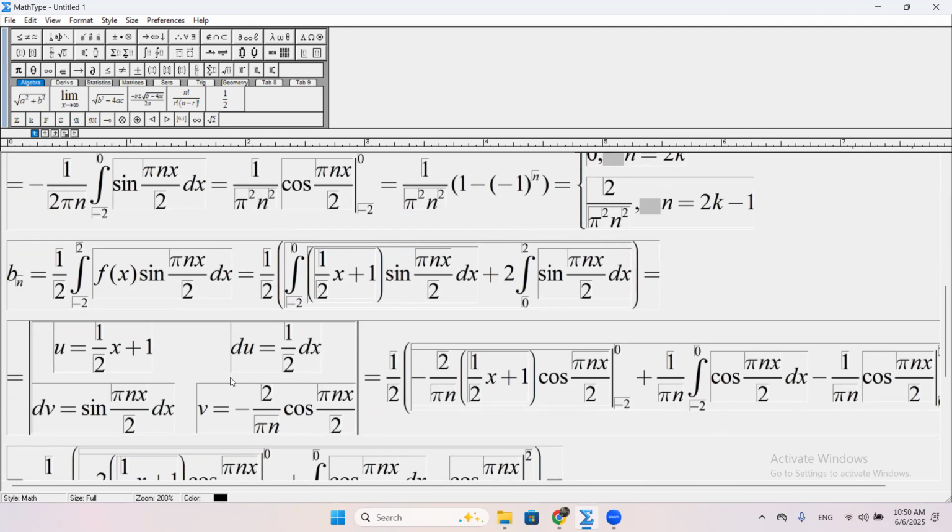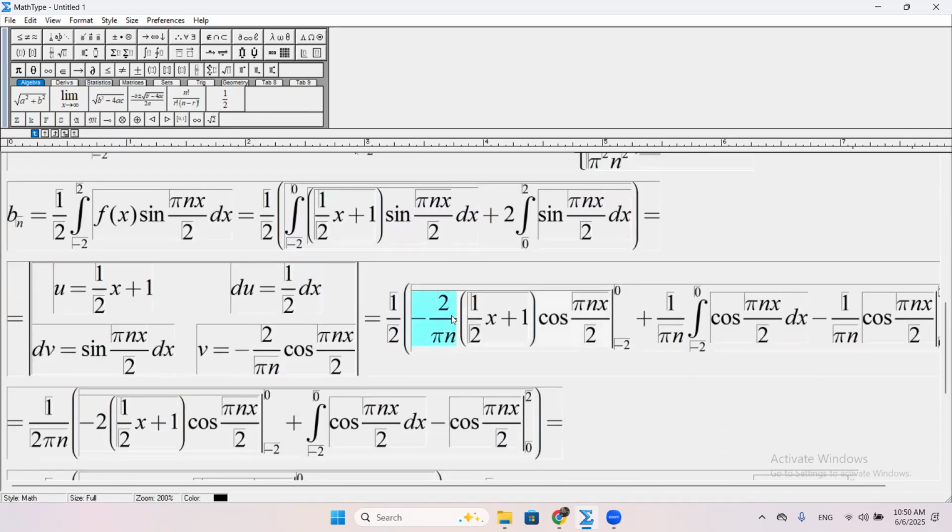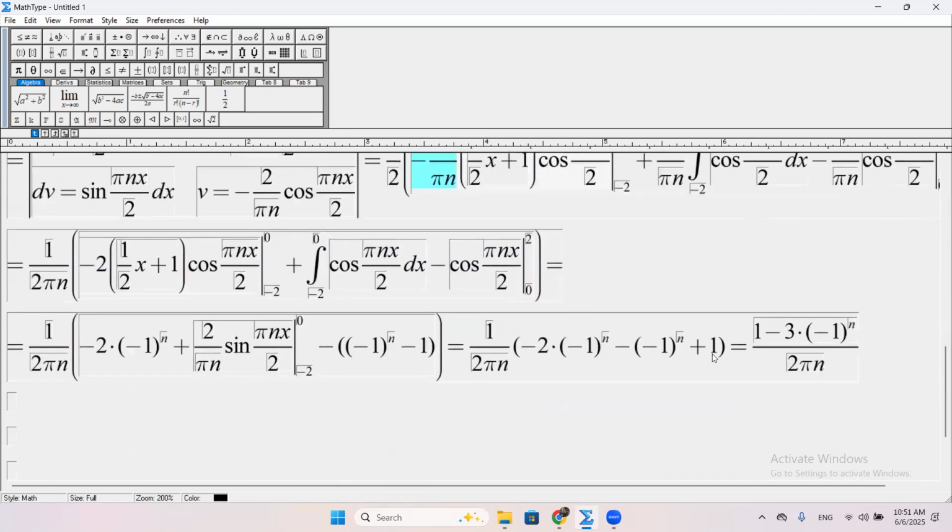So here minus 2 over pi n cosine of this expression. Oh, well, that's weird. And, well, I guess that there are some mistakes in my notes.